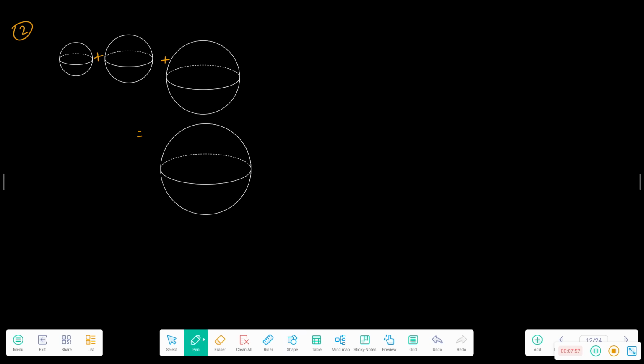Here 3 metallic spheres are melted to form a larger sphere.